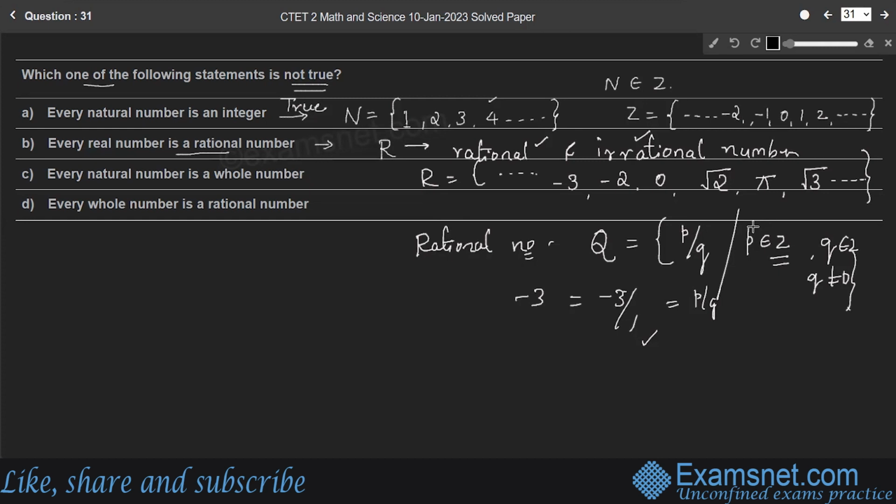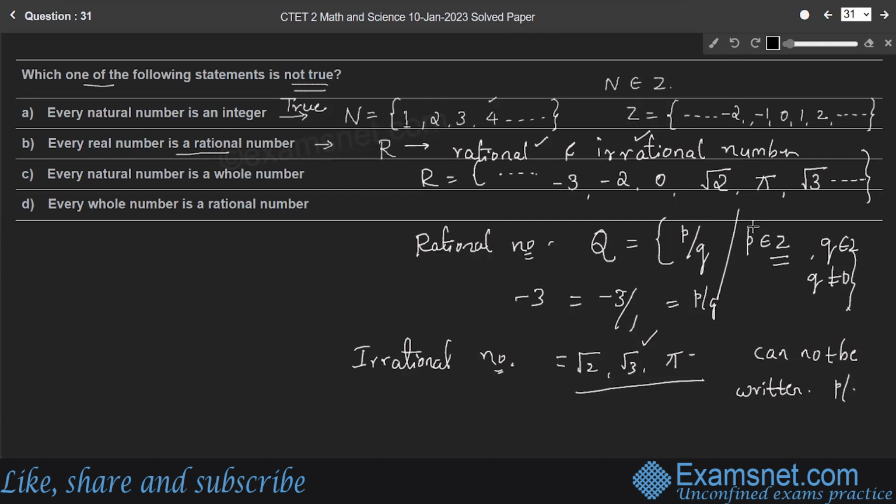Whereas numbers like √2, √3, and pi, right? Such numbers are called irrational numbers, which cannot be expressed in the form p by q. Such numbers are called irrational numbers.